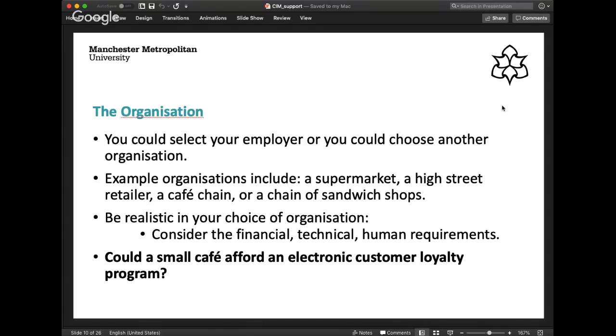What's their customer loyalty program? Would you want to reevaluate their customer loyalty program? So you need to consider an organisation that you're, A, going to find a lot of data on, and B, would actually be able to afford to implement this, because it's really important that you are being realistic and that you're not just making an issue for yourself through having such a small organisation that you are struggling to find any data.